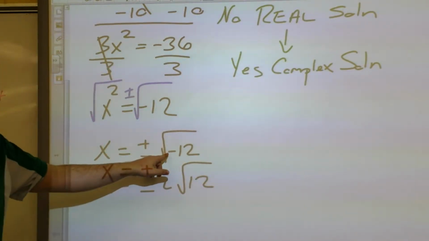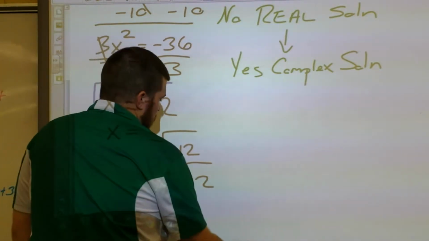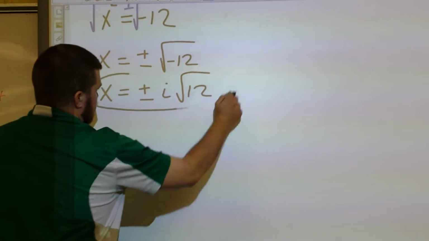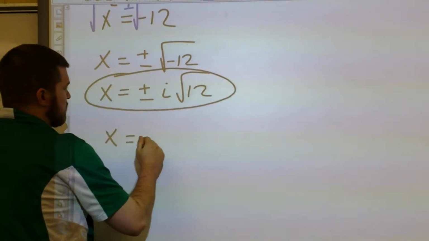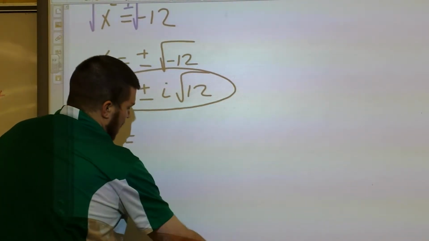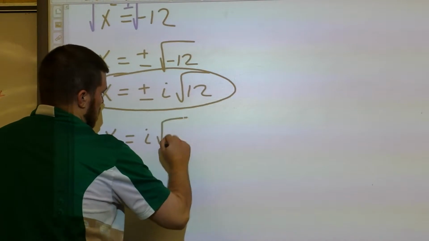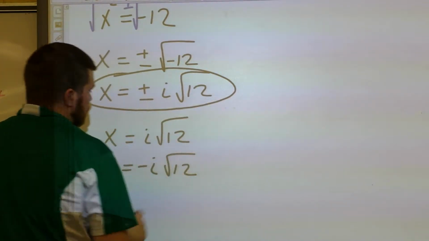So that square root of a negative becomes an i, and it gets to come outside. I'm still left with the square root of 12. You technically could leave your answer like this. You could split it up into two separate answers if you wanted to. x equals positive i square root of 12. x equals negative i square root of 12.